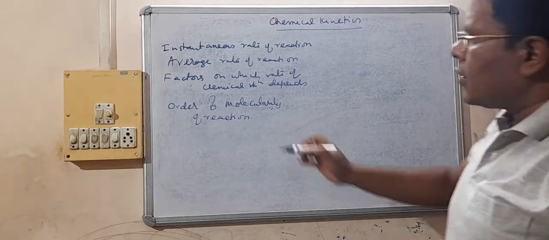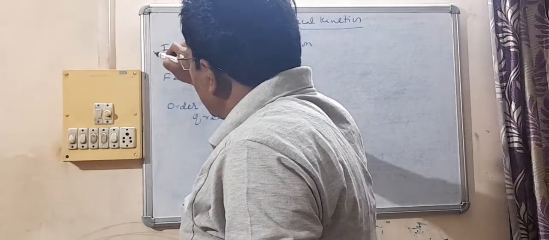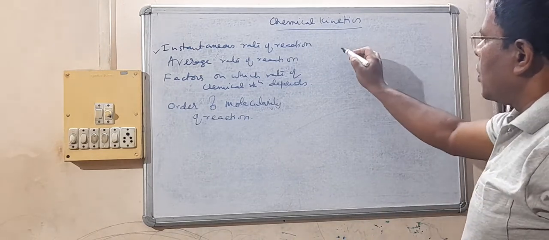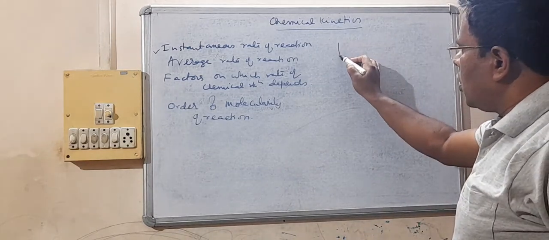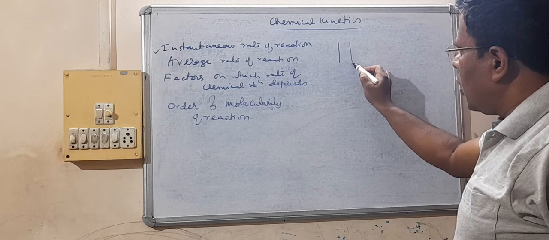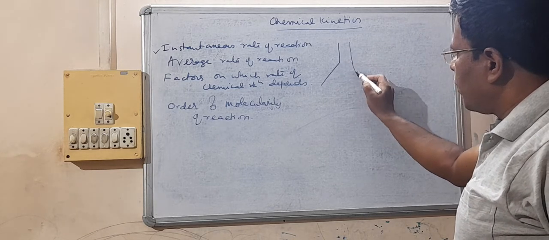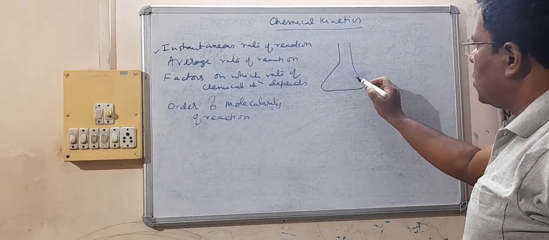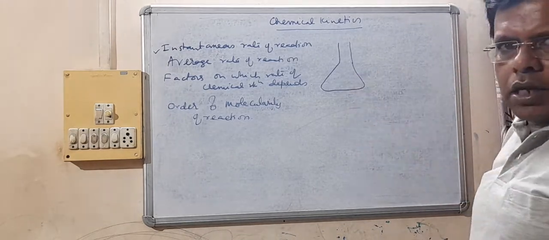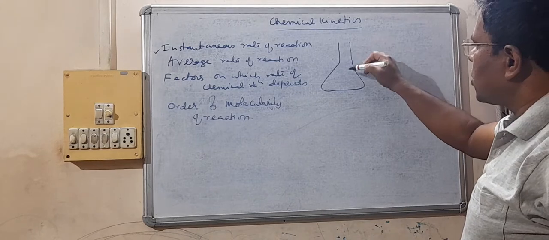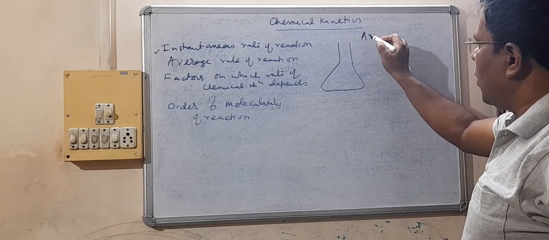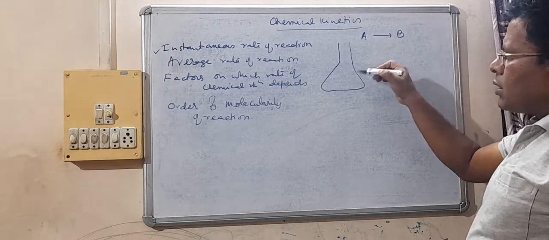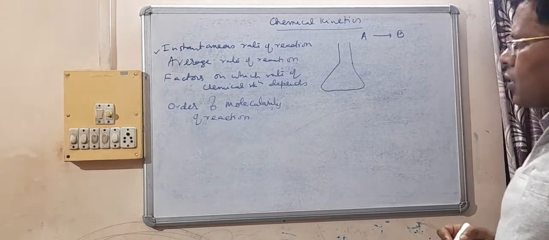So first let us take up this topic, instantaneous rate of reaction. Suppose we have a conical flask and a chemical reaction is taking place. Suppose the chemical reaction taking place is A to B. So A is a reactant and B is the product.